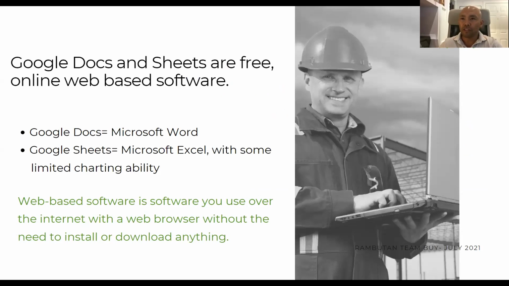Google Docs and Sheets are free, online web-based software. Google Docs is equivalent to Microsoft Word, and Google Sheets is similar and equivalent to Microsoft Excel with some limited charting ability. Web-based software is software you use over the internet and a web browser without the need to install or download anything.